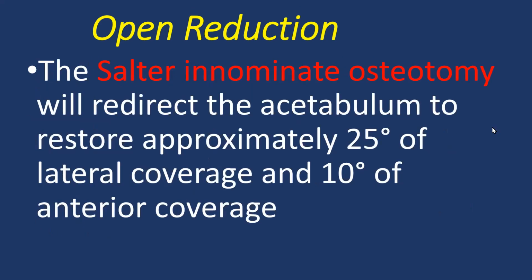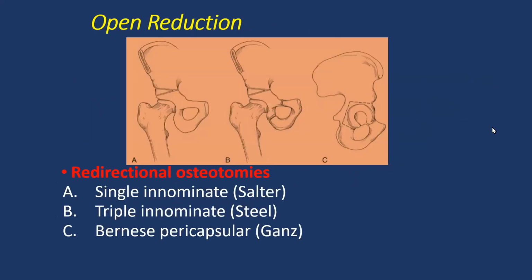The Salter innominate osteotomy will redirect the acetabulum to restore approximately 25 degrees of lateral coverage and 10 degrees of anterior coverage. But this is at the expense of uncovering it posteriorly.